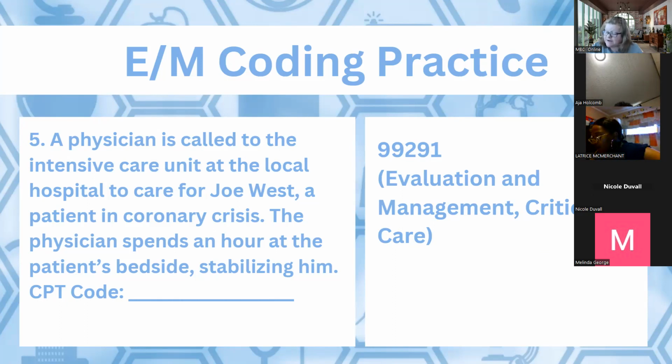So anybody over the age of 6 years old would be those codes there, 99291, 99292. Okay. I really would have thought adults had their own column, but I guess not.